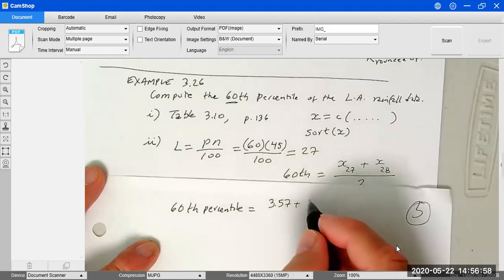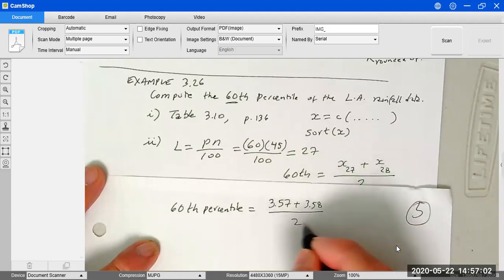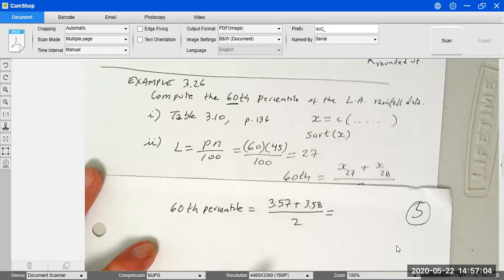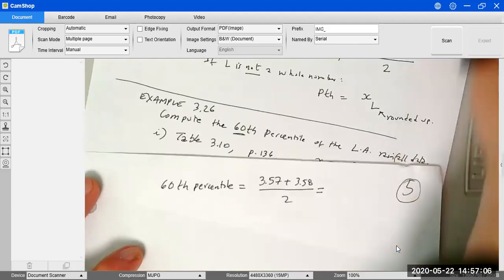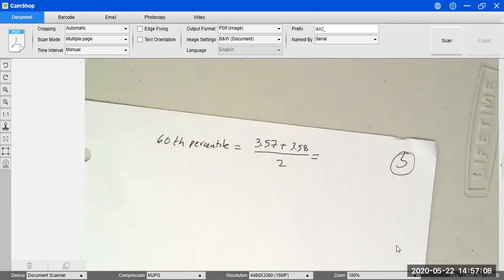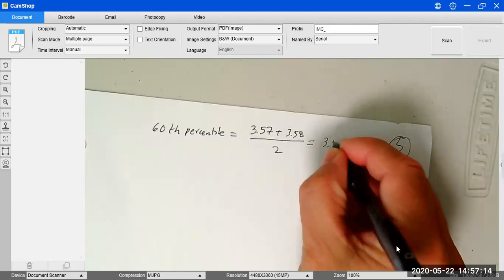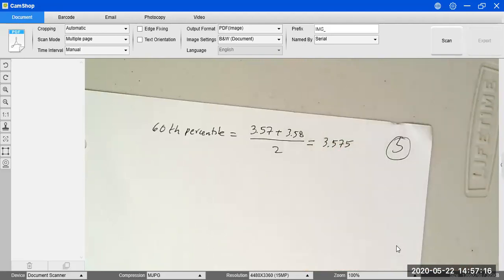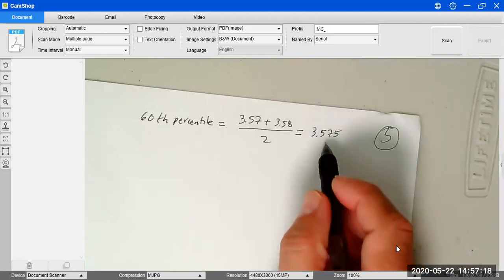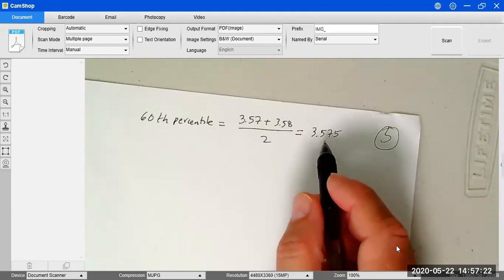That is going to be 3.58, and we're going to divide that value by 2. So if we do that, we're going to get 3.575. So that's the value that separates the lowest 60% of the data.